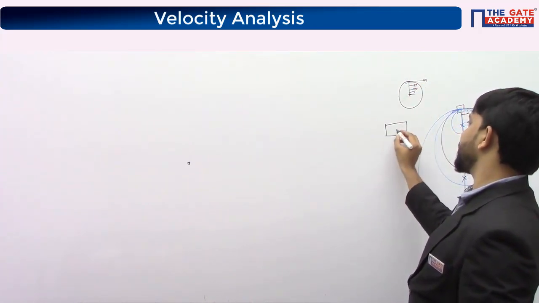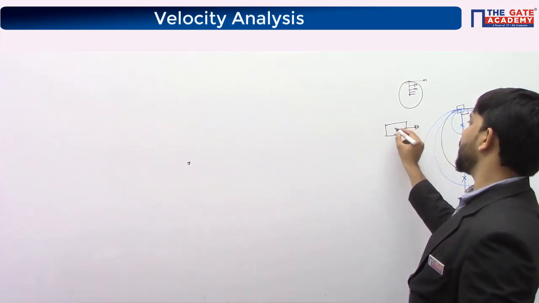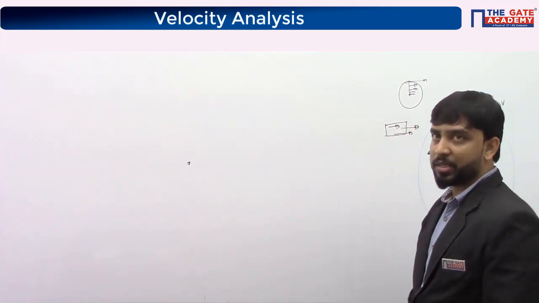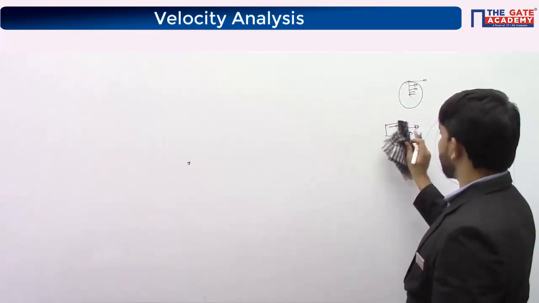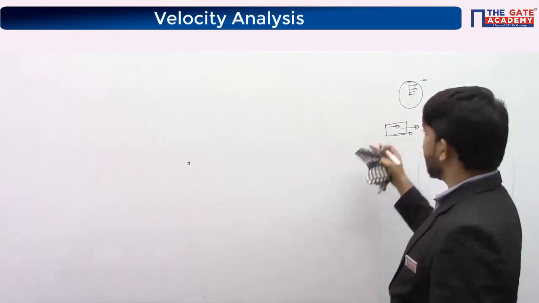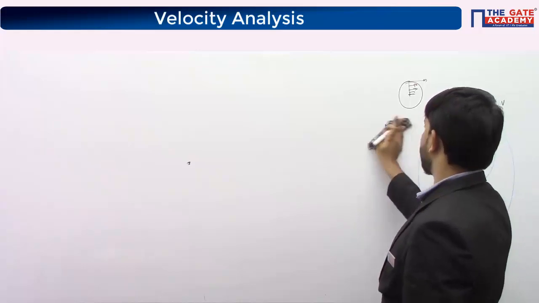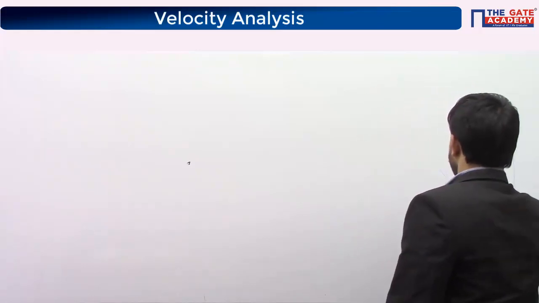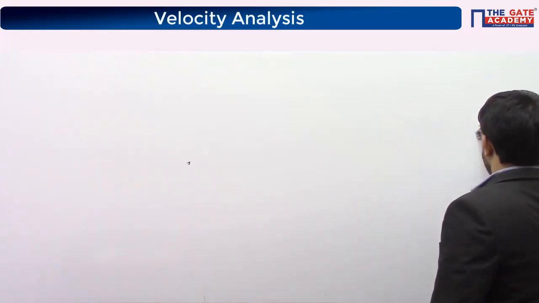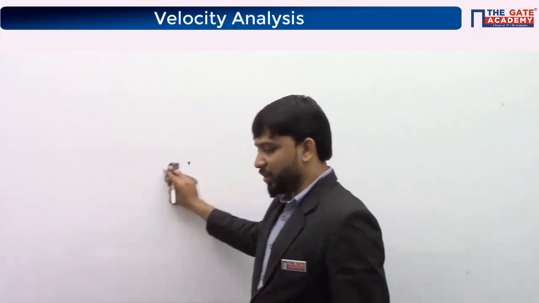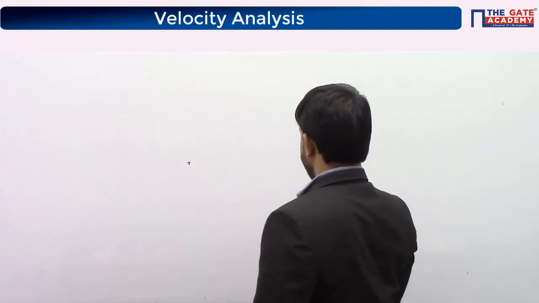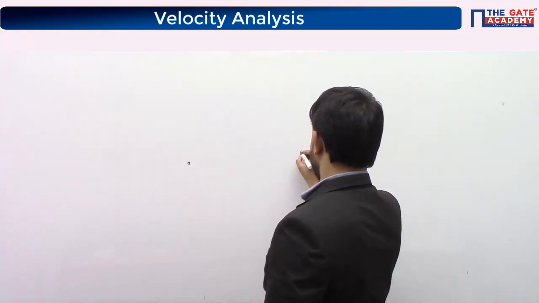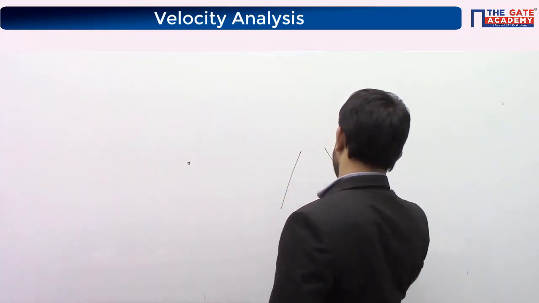Whenever a body is translating, the velocities of all the points will be the same in magnitude and direction. If the body is in pure translation, all the points will have the same velocity. If it is rotating, velocities will be something like this. Whenever a body is neither purely rotating nor purely translating, it has both motions combined, which is general plane motion, and different points on the body will have different velocities.